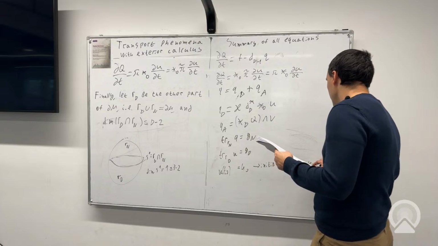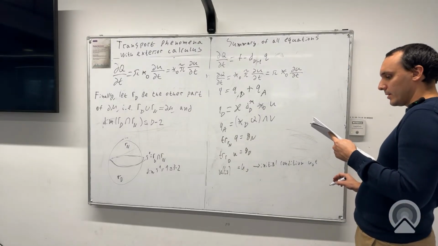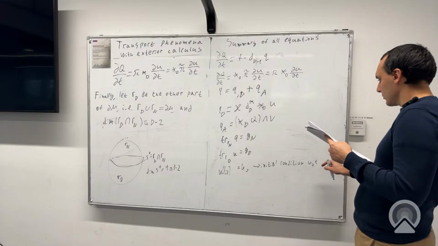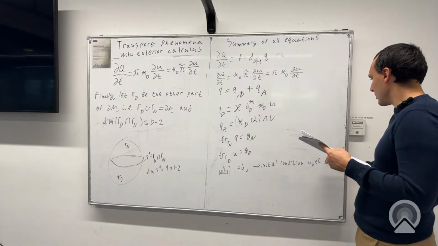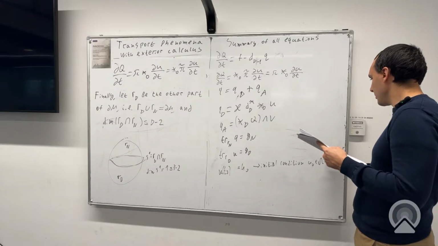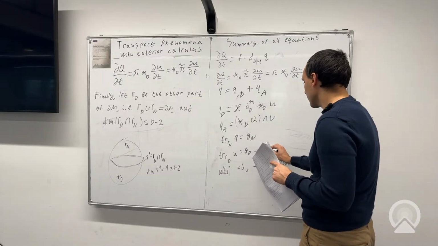So u0 is a zero form, it's in omega 0 of M. And this is the Dirichlet boundary condition.